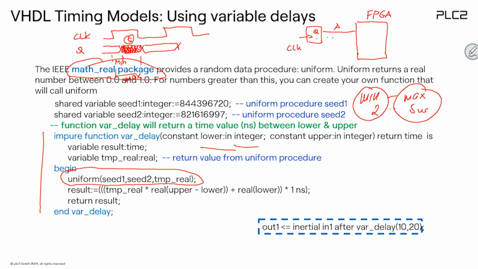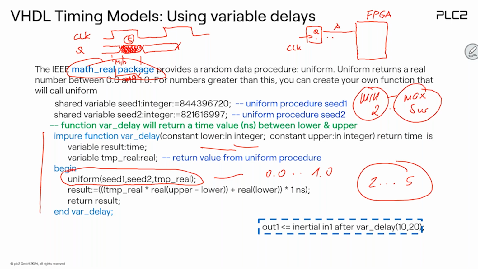And then this uniform returns to you a random value between 0.0 and 1.0. And then you basically multiply this with min and max. Therefore, if you define, maybe, min is 2 and max is 5, then it will give you all the values between 2 and 5.